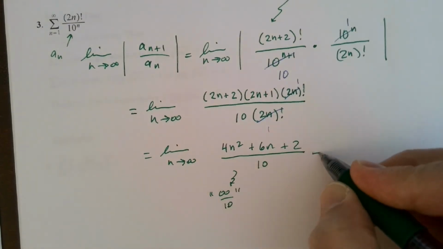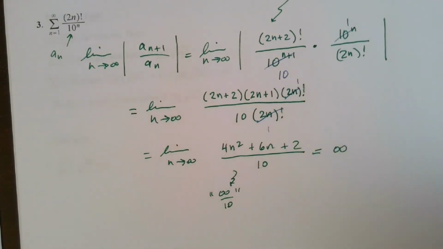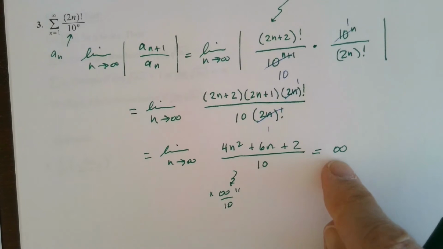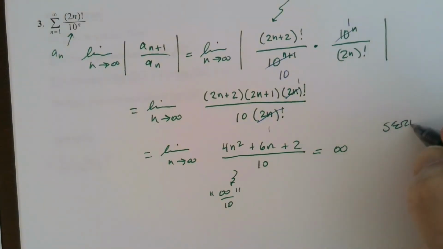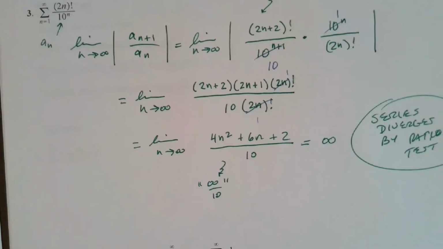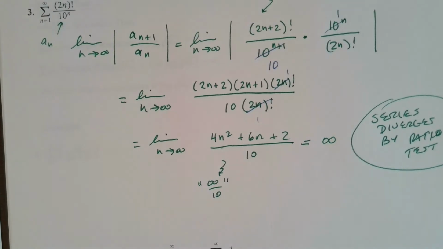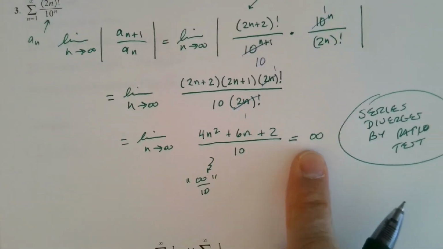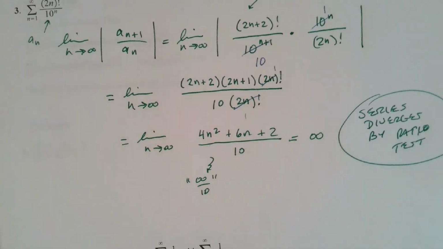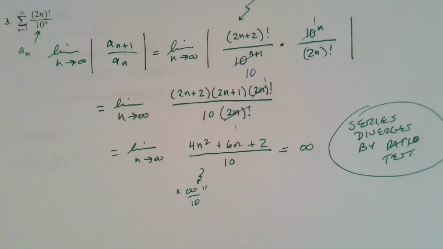That is clearly going to infinity, right? And if this limit is infinite, then the series diverges by the ratio test. Okay. If the limit comes out to be any real number greater than 1, the series will also diverge by the ratio test.